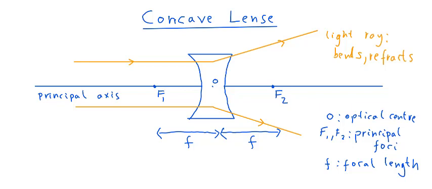In fact, let me draw it a bit higher up here. Now, the interesting thing here is that these light rays, if we were to extend them back, what we find is that they appear to be coming from this point here, this focal point F1.